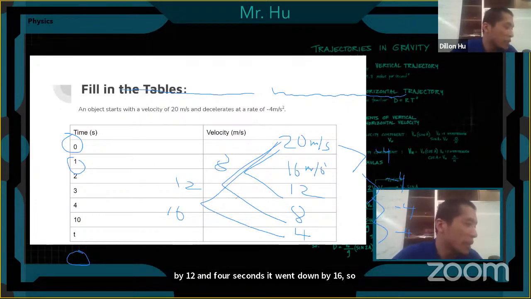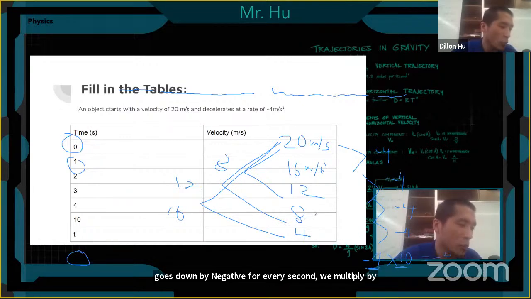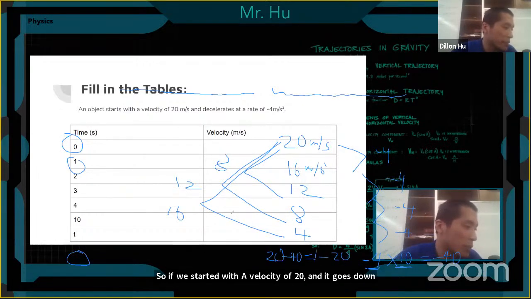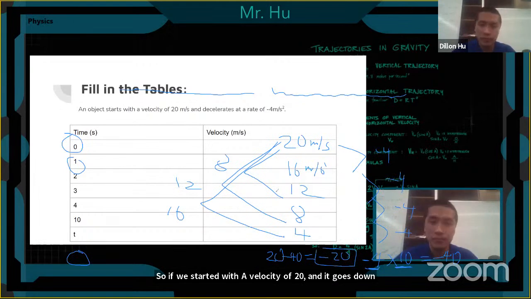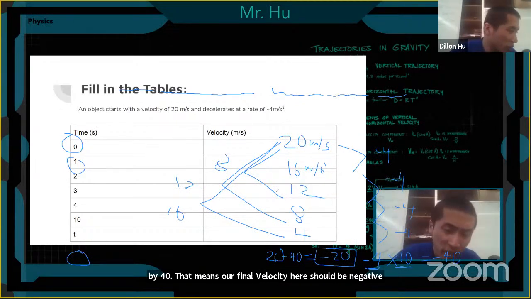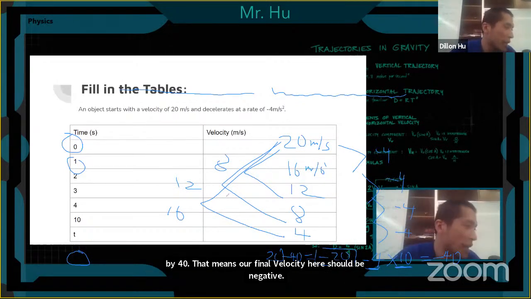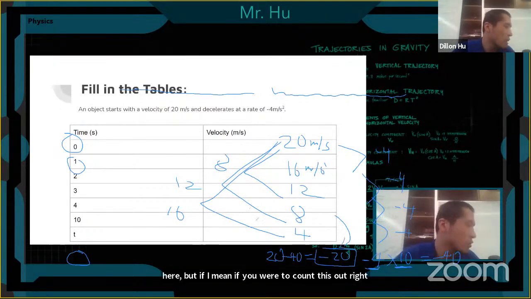If we look at this pattern, in 10 seconds, it should go down by 40, right? It goes down by 4 every second. If we multiply by the number of seconds, we get that it should go down by a total of 40. So if we started with a velocity of 20 and it goes down by 40, our final velocity here should be -20. That takes a little bit of extrapolation, but if you were to count this out, I'm sure you would get the same answer.